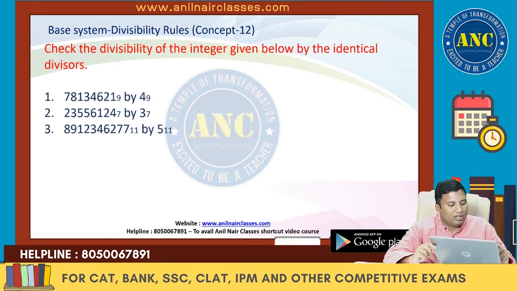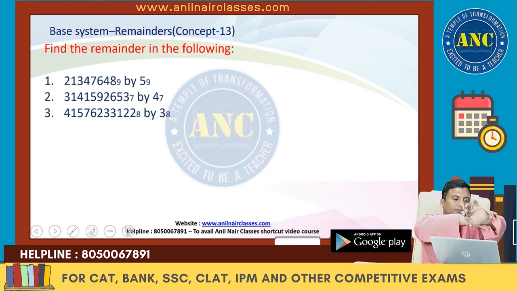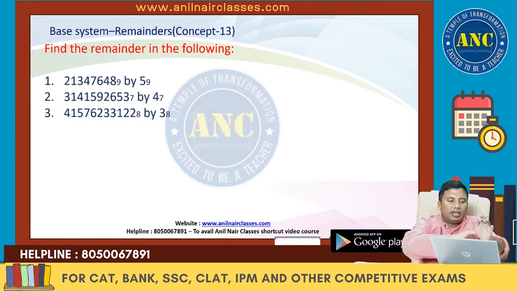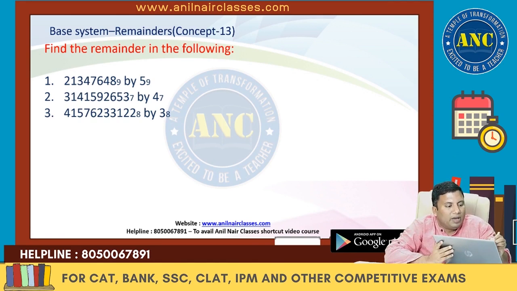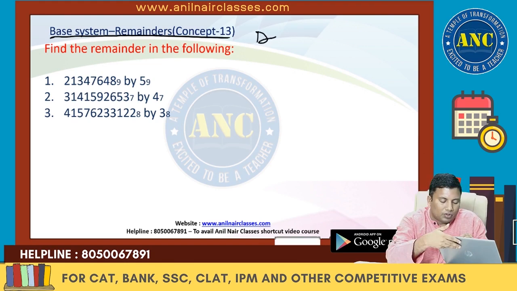Now here also we discussed, we are actually here. I will just repeat this concept. Base system remainders, concept 13. In the morning we wrote it, I will repeat it again.